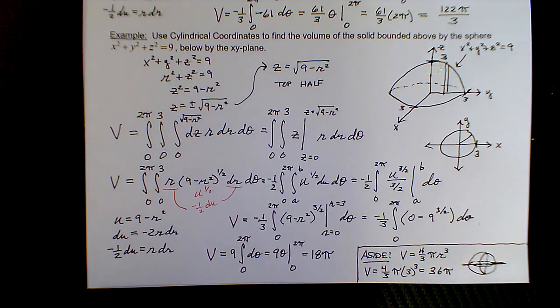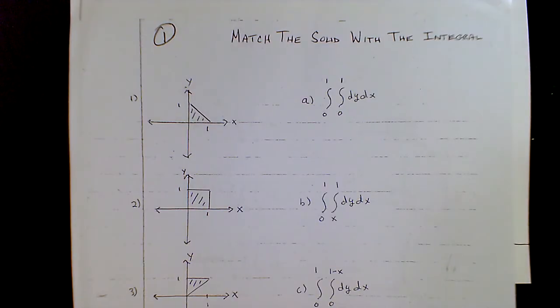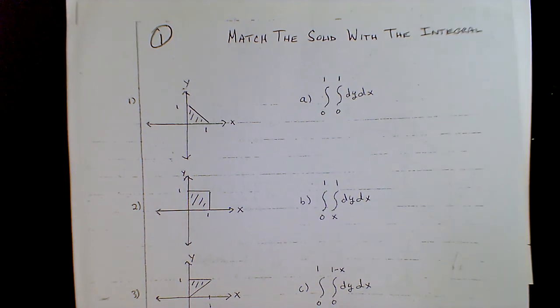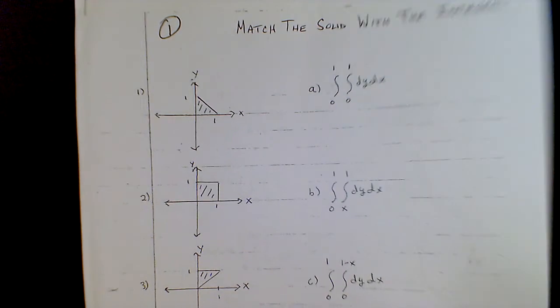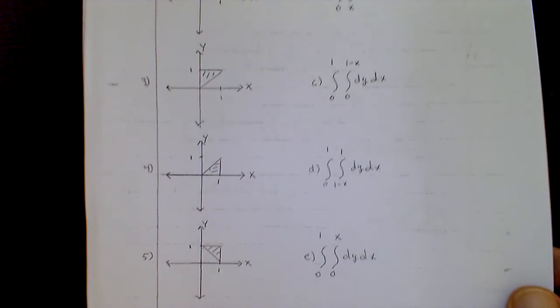In the homework and handouts of exam 4 folder, there is a document that's 6 pages long, and it says match the solid with the integral. So each page has sketches numbered with Arabic numerals and corresponding lettered integrals.